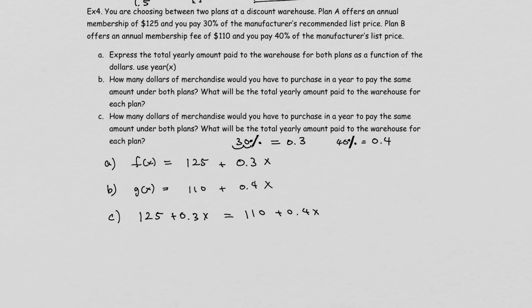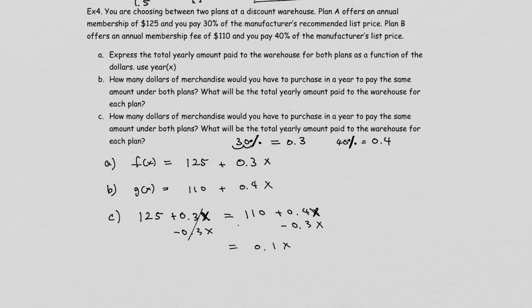When you're solving an equation with one variable but they're in two different cases, you put it all on one side, and I want to make x positive, so I will subtract 0.3x from both sides. I will have x on the right side, but it will be positive, so it will be 0.1x.